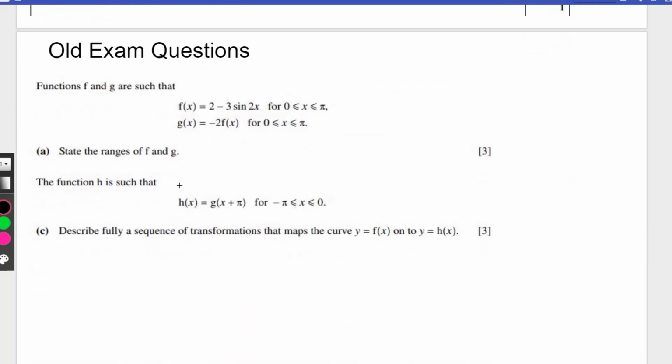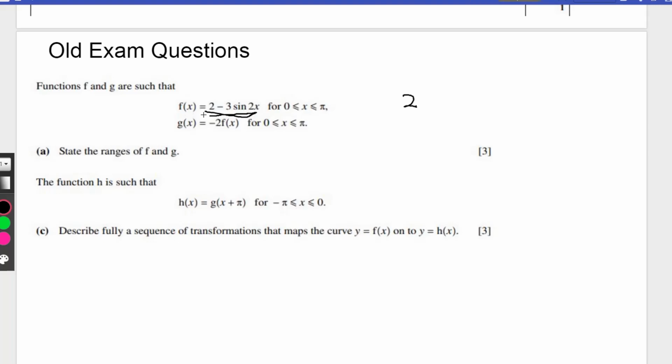What we got here? F and G functions. Okay, state the ranges of these two functions. And then it says we've got this. So first, again, let's do the same kind of logic here. This is the midline. It's at 2.